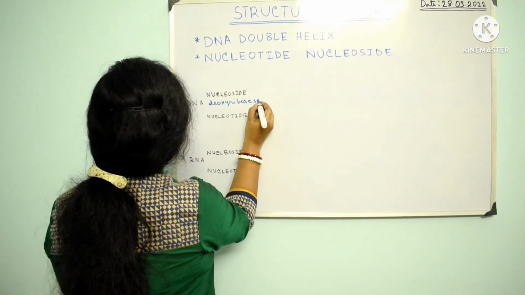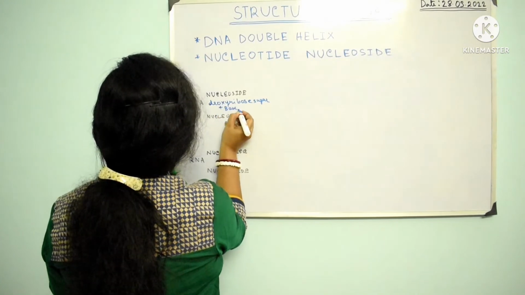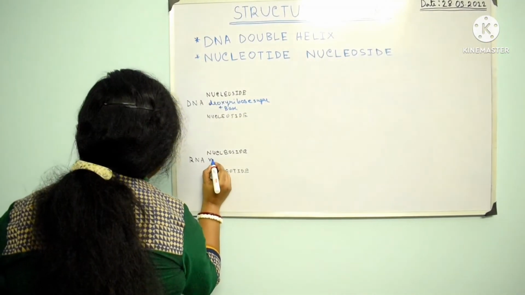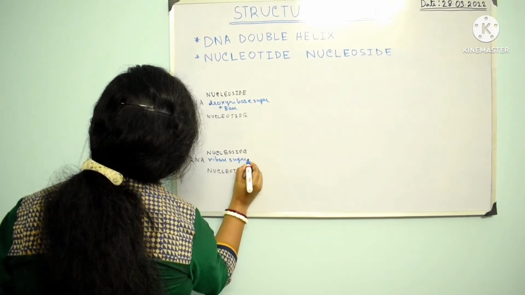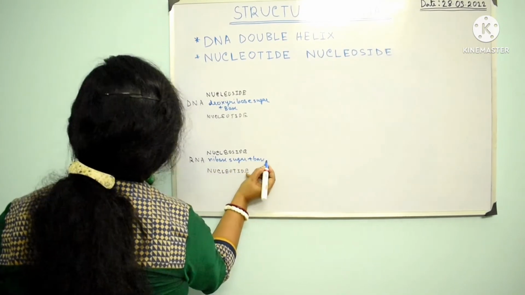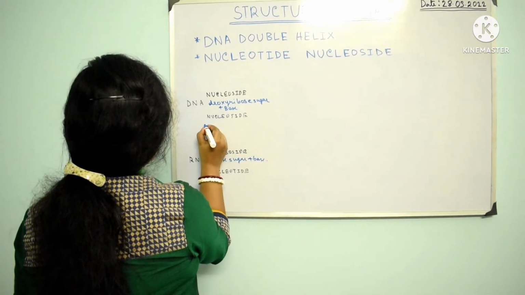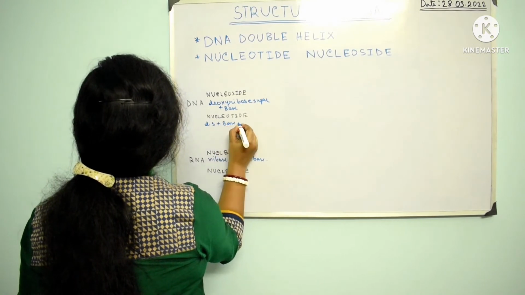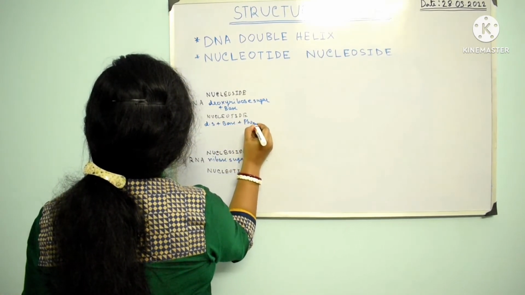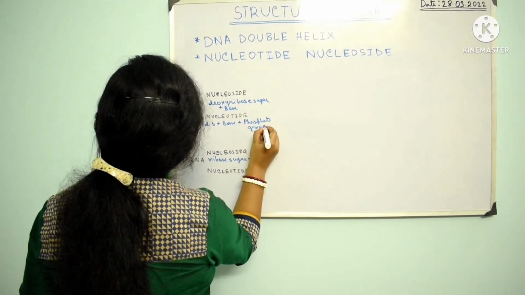Deoxyribose sugar plus base, and here ribose sugar plus base. And nucleotide, deoxyribose sugar plus base plus phosphate group.